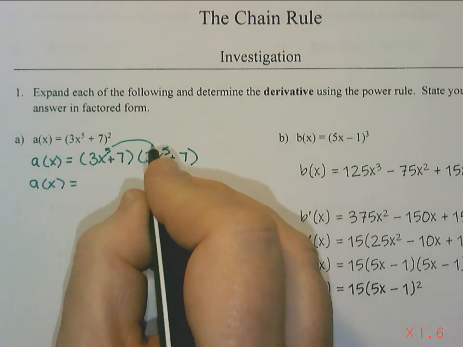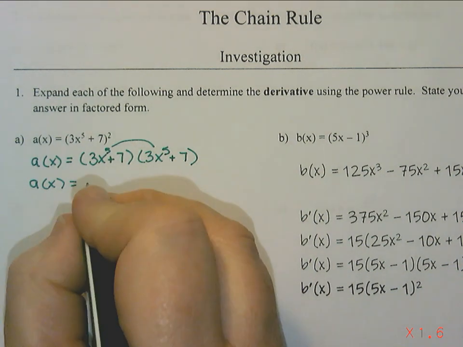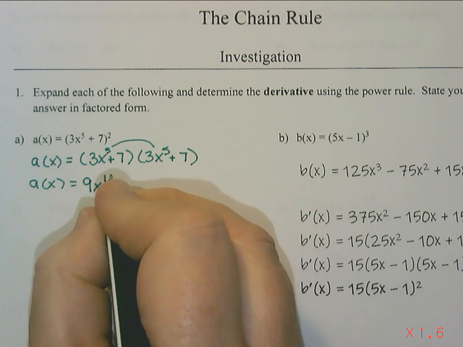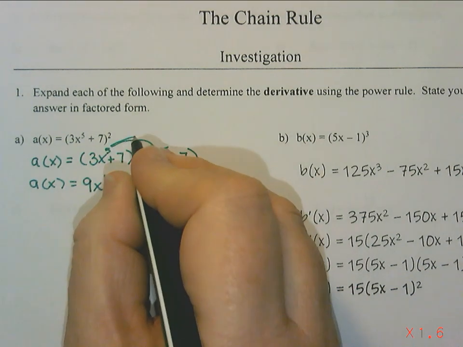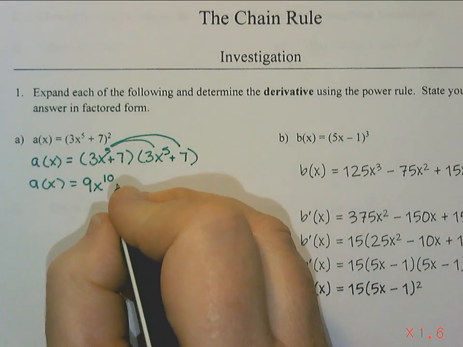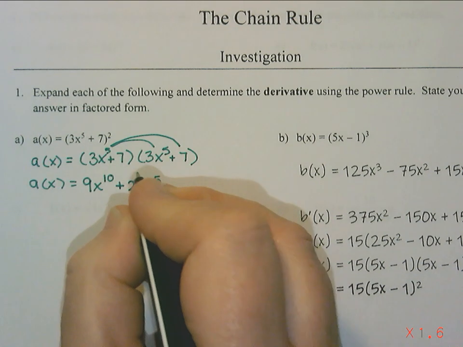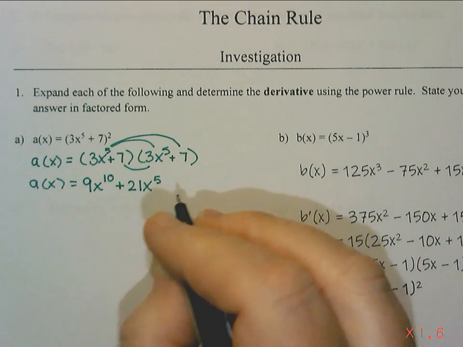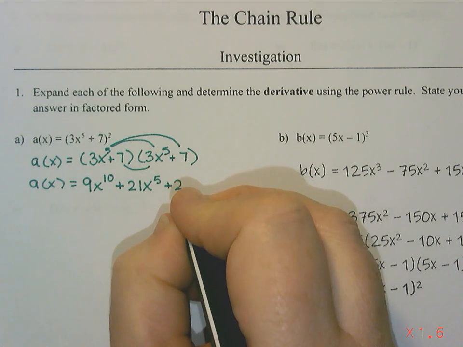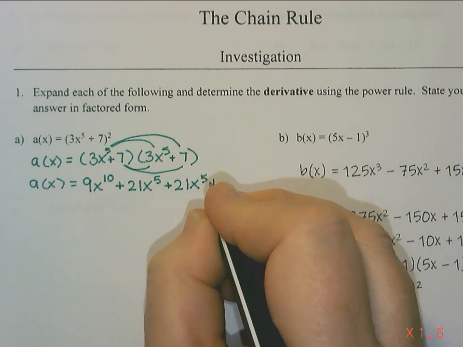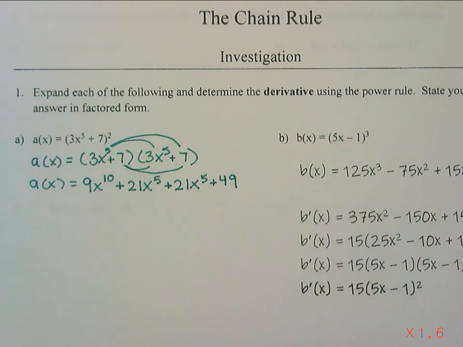So 3x^5 times 3x^5 is 9x to the power of 5 plus 5, which is 10. 3x^5 times 7 is 21x^5. 7 times 3x^5 is also 21x^5. And then 7 times 7 is 49.